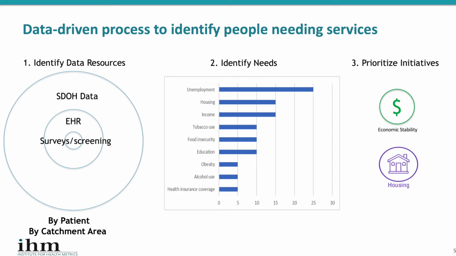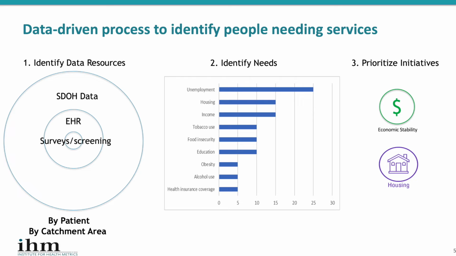So we think it's important to have data-driven processes to identify people and services that hospitals can provide. And however one does it, you need to look at this by patient and also by your catchment area, which we know may not be totally 100% congruent.